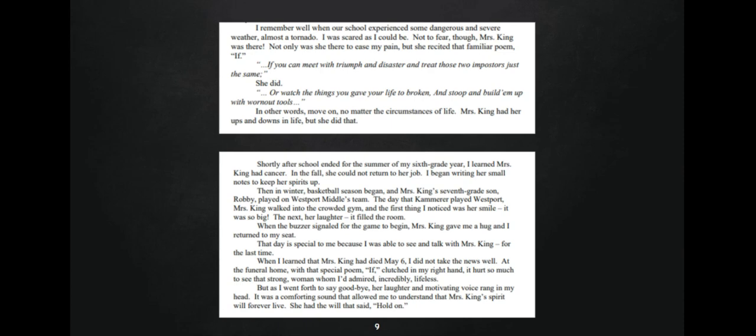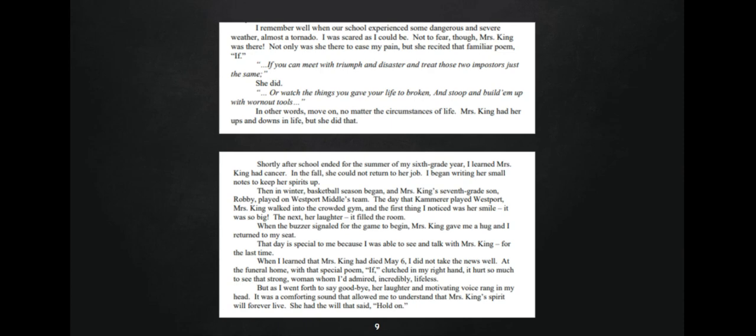Shortly after school ended for the summer of my 6th grade year, I learned Mrs. King had cancer. In the fall, she could not return to her job. I began writing her small notes to keep her spirits up. Then in winter, basketball season began, and Mrs. King's 7th grade son, Robbie, played on Westport Middle's team.